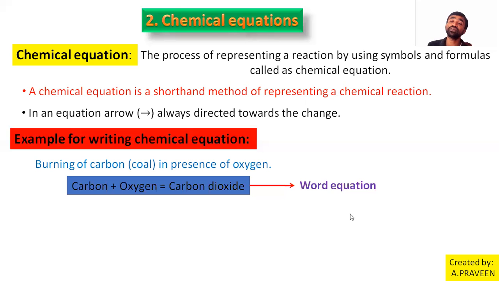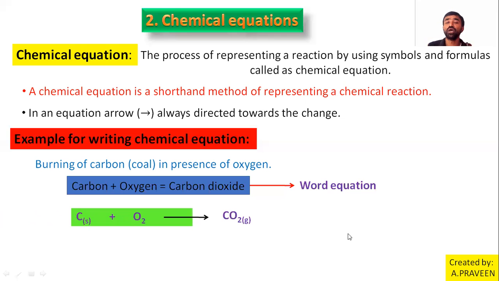That word equation can be converted into symbolic representation. Carbon is represented by C. Oxygen is represented by O2, gas, molecular form. Together they give carbon dioxide, CO2. This representation using symbols and formulas is called a chemical equation.